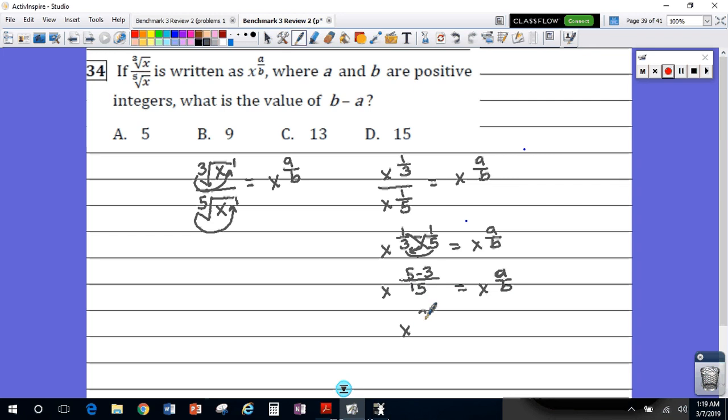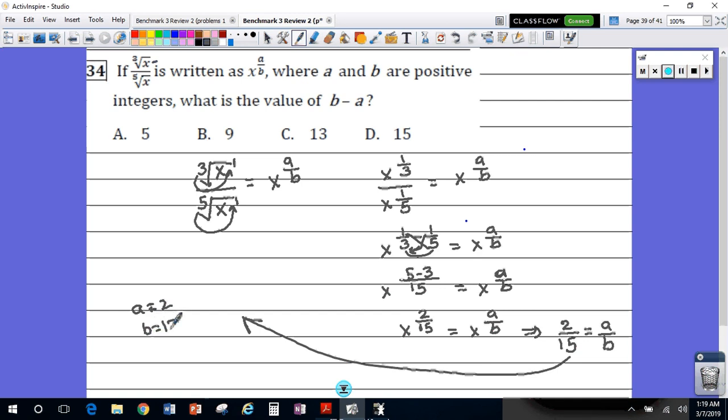So x to the exponent 2 over 15 equals x to the exponent a over b. So this implies that 2 over 15 equals a over b. So a equals 2, b equals 15. So we need b minus a. That is 15 minus 2, which equals 13. So the answer is C.